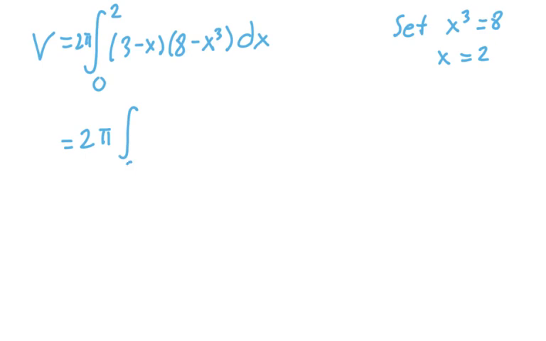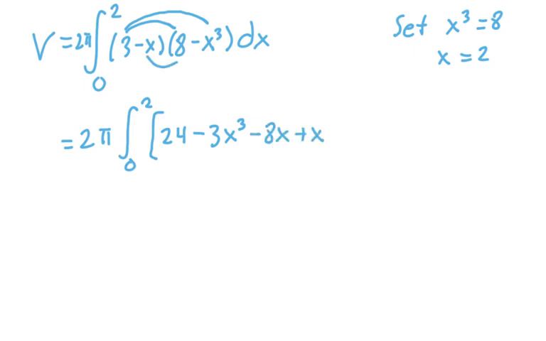So we get 2 pi times the integral from 0 to 2 of 24 minus 3x cubed minus 8x plus x to the 4th.